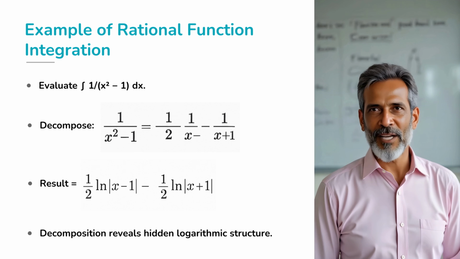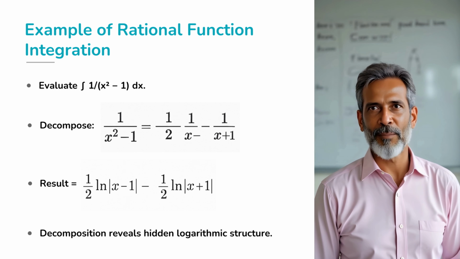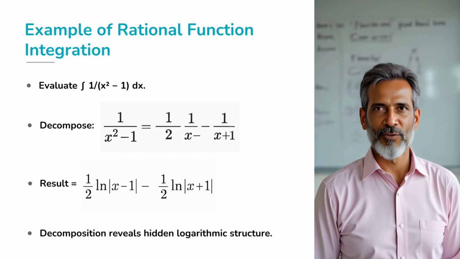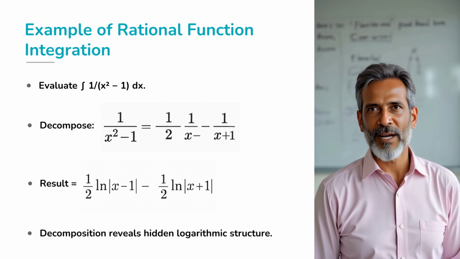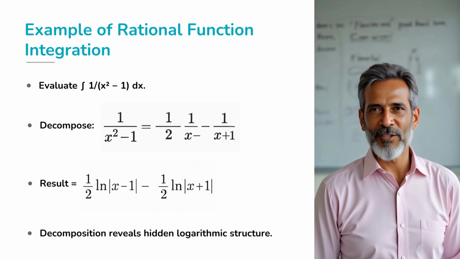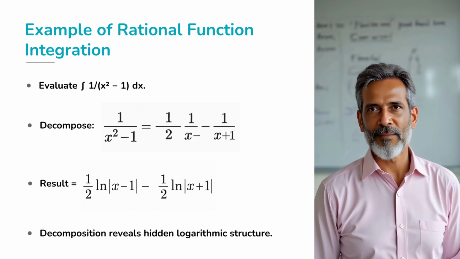Now split the integral: 1/2 times 1 over x minus 1 dx minus 1/2 times 1 over x plus 1 dx. Step 3. These are standard forms. We get 1/2 log modulus x minus 1 minus 1/2 log modulus x plus 1 plus c. Final answer: 1/2 log modulus of x minus 1 over x plus 1 plus c.